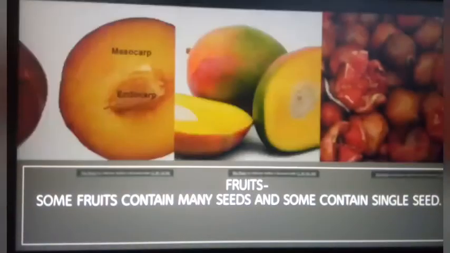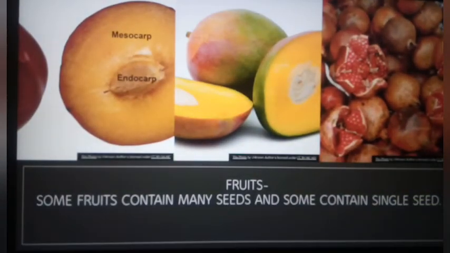Now the next thing, fruits contain seeds also. Flowers change into fruit, and fruits contain seeds. Maybe you are fond of eating papaya, mangoes, pomegranate.